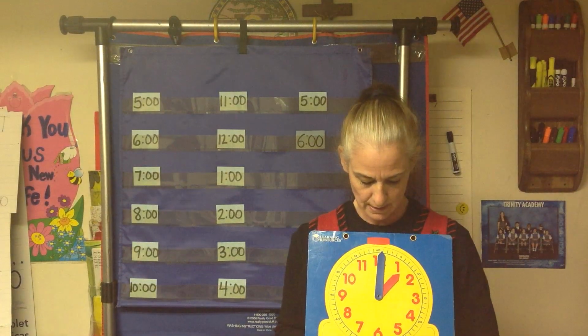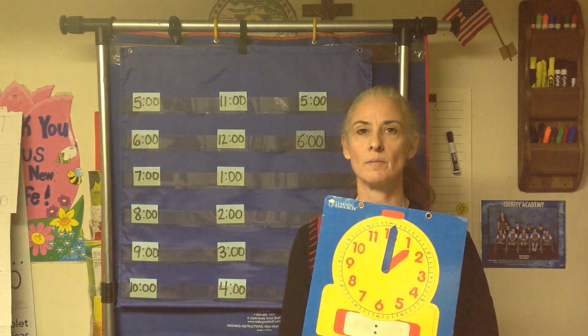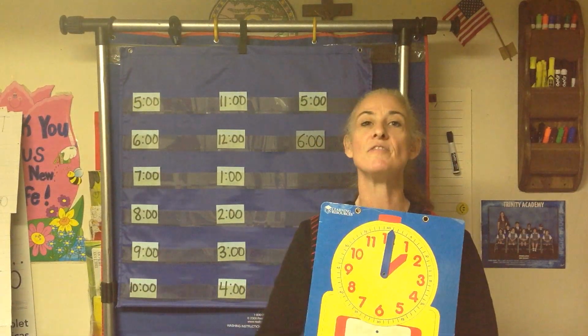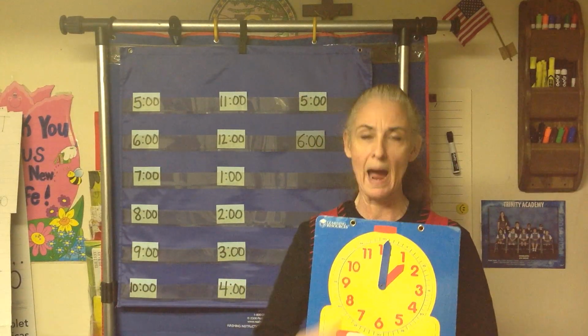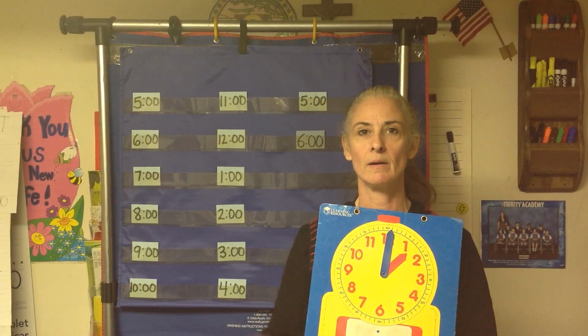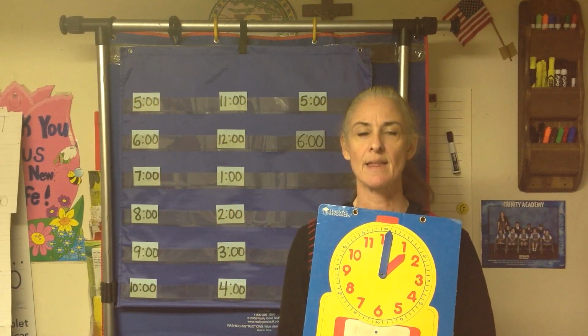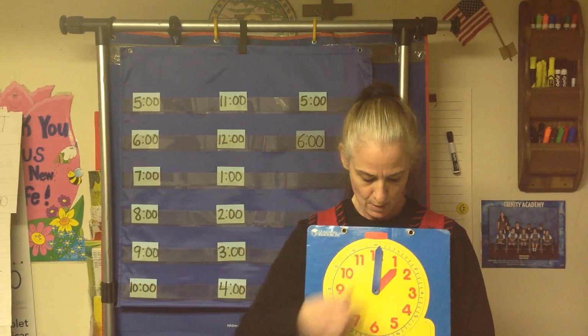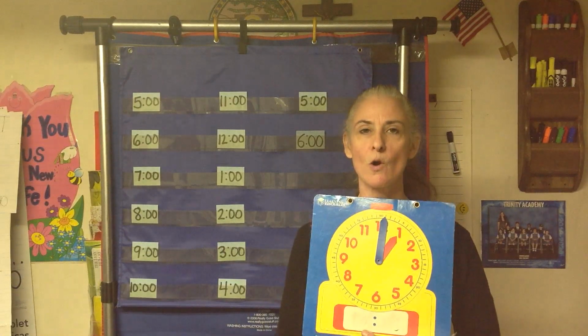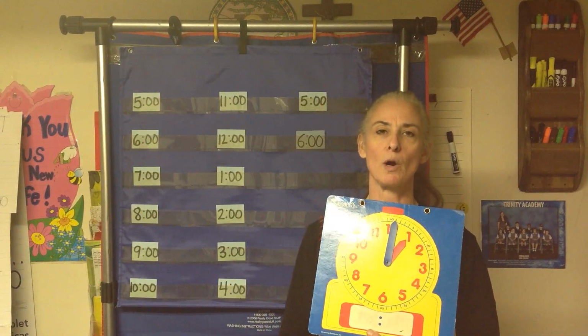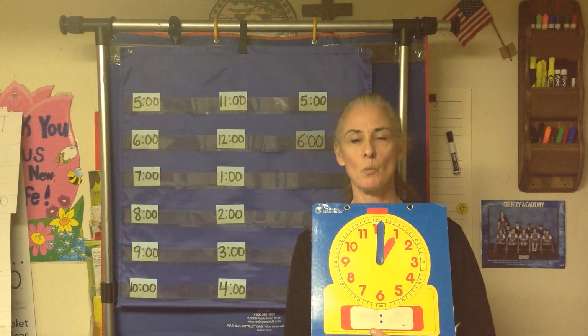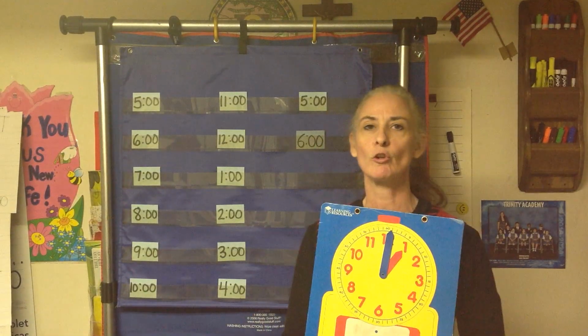Let's talk about the parts again. The front of it is called the face. Good. The two arrows are called the hands that we use for pointing. And the two hands are different. One is longer and one is shorter. Which hand did Miss Sweeney say that you should look at first when telling the time?